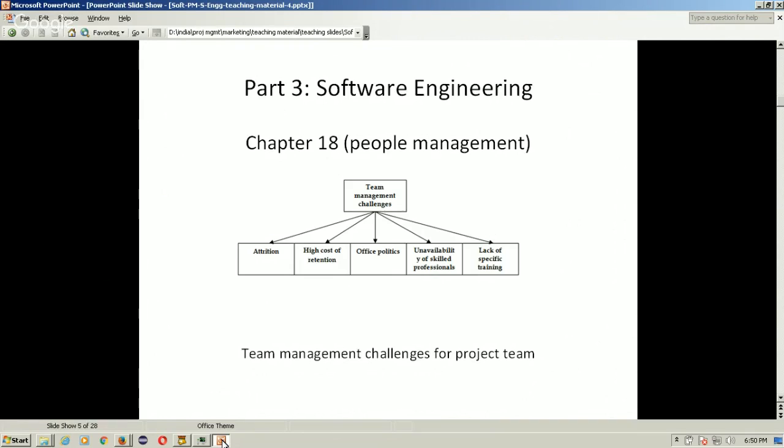Then lack of specific training. IT skills change with the change of technology. All the time new skills are required, and for acquiring new skills, people need training. But even training becomes scarce in cases when a new technology does not have people who can provide training.